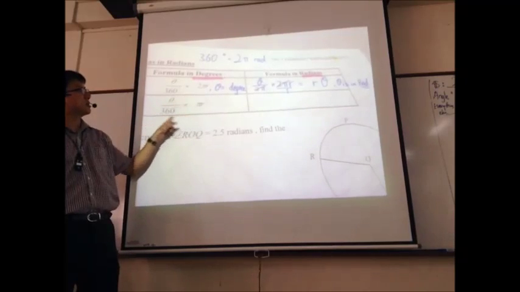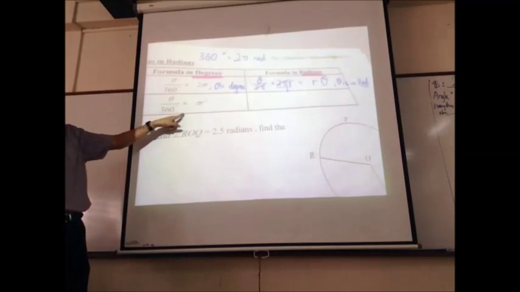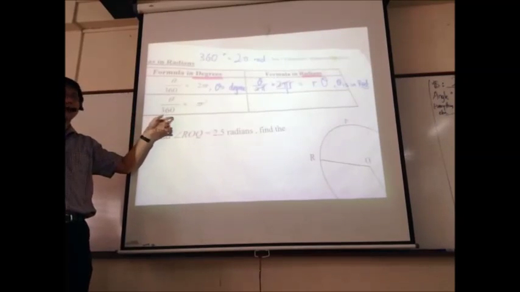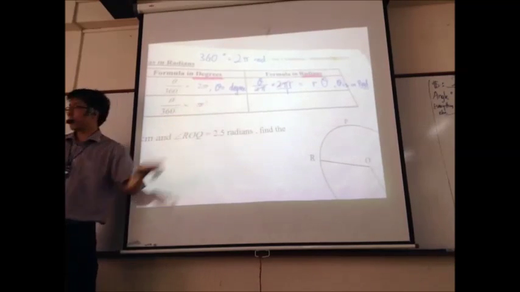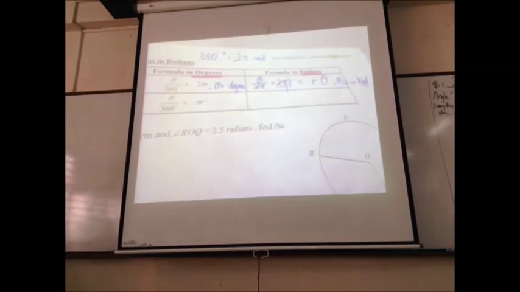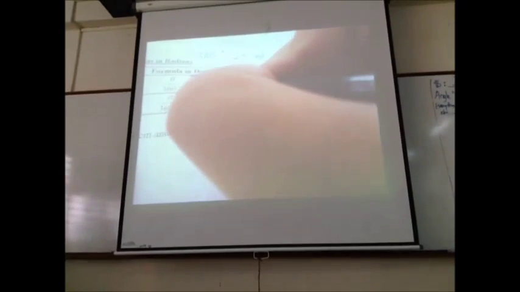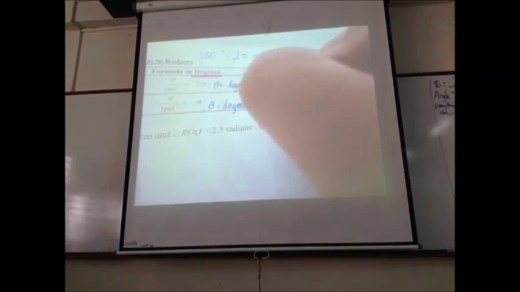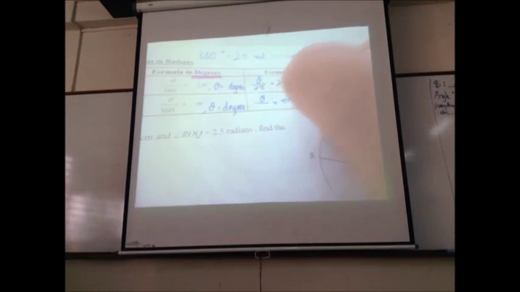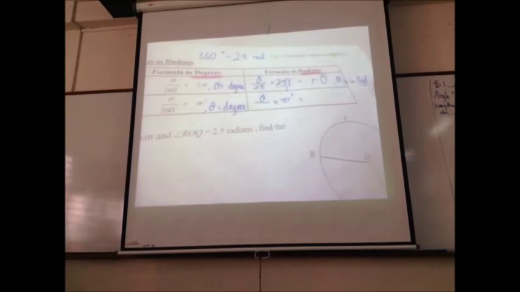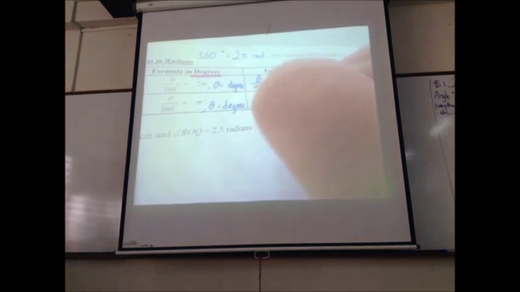Now, this one is what? I cover this one. But looking at this formula, is this area or perimeter or length? Area, because of the pi r square, right? So, same thing here. You want to write down the theta is equal to degree. It's in degree. Now, I leave the blank here. What do I write under the theta? 2 pi.